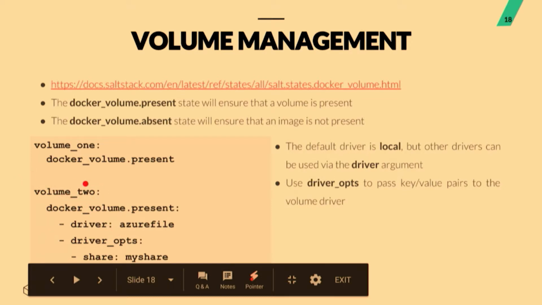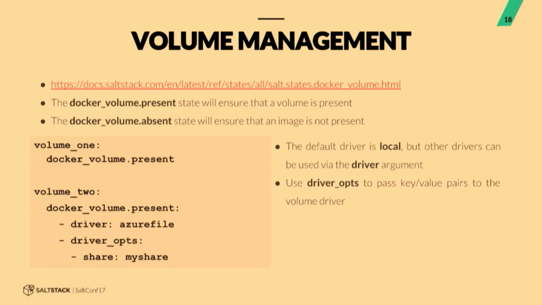We'll still report that the volume is present, but we could probably improve that and report that the volume is present but doesn't have the same driver or something like that. Those are some improvements that we could make, so that's something to keep an eye out for. If you for some reason decide to use a different driver, then you do have to actually delete the volume first if you want Salt to actually create one with that driver.